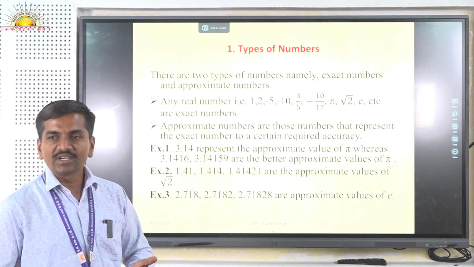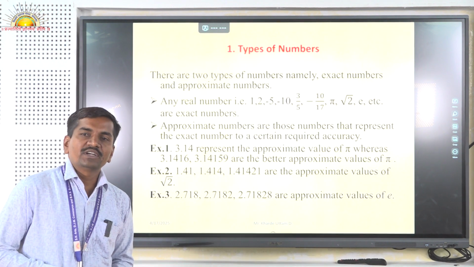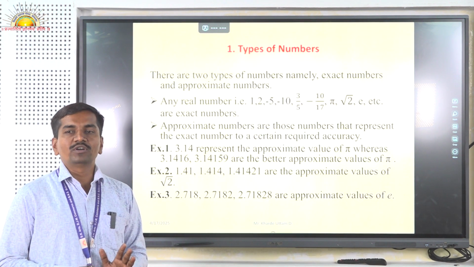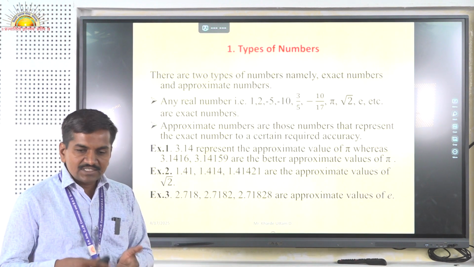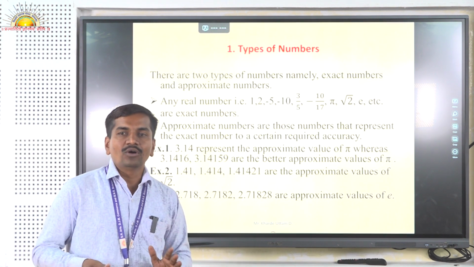So, in numerical calculation approximate values are more important, and due to truncation and rounding off, error arises.